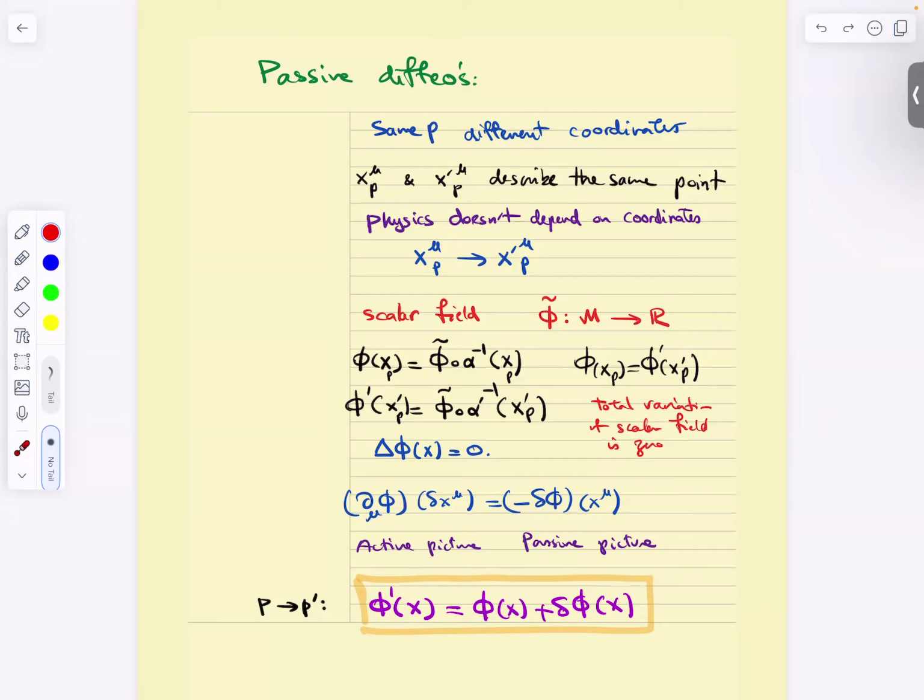We want to talk about active transformations. That's why I talked about symmetry making some delta phi non-zero, resulting in delta of S. I first say make delta phi non-zero. If this was 0, there's nothing to discuss.